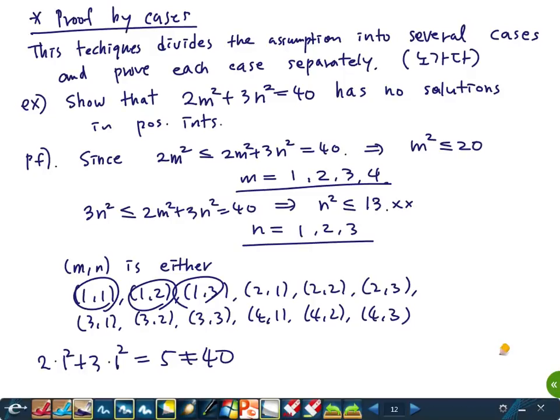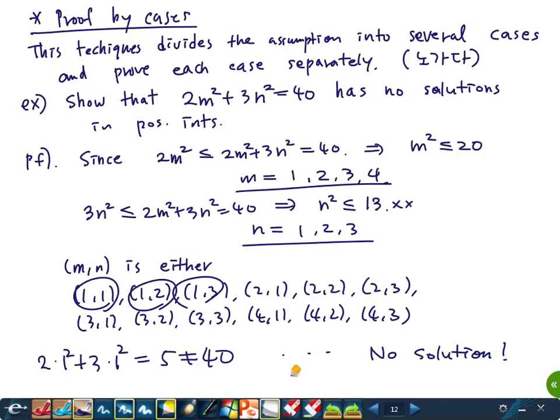And none of them satisfies this. So after doing this, you will end up with this conclusion. So no solution. Of course, I omitted this part, but that can be checked. In this proof, we have to list all of these 12 things, but I'm just omitting that because it's trivial.